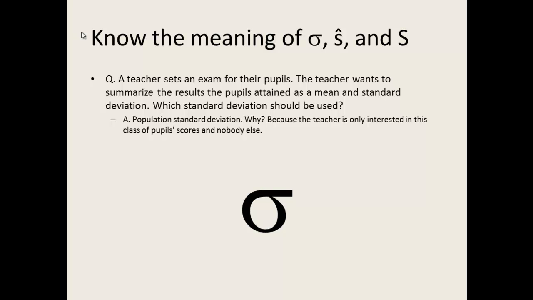The reason is the teacher is only interested in her particular class of pupils' scores and nobody else. So the population is actually defined as her pupils in this particular class. If she were trying to generalize to all the students in the same class across the school, even with different teachers, the answer would be a sample standard deviation. But because she's not interested in generalizing, it is a population standard deviation. This is represented by the Greek lowercase sigma.